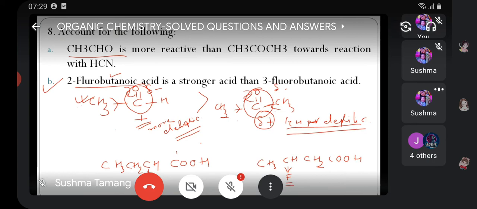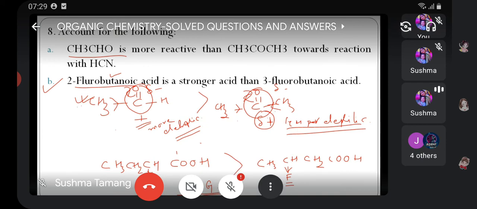F is strong electron withdrawing group. But I've already told you that electron withdrawing group increases the acidic strength. Now both have the same electron withdrawing group, which is more acidic?